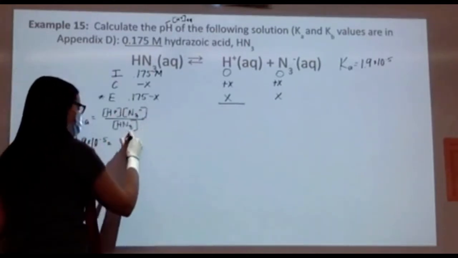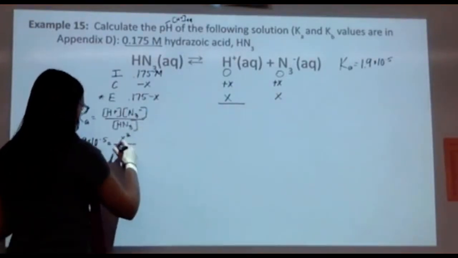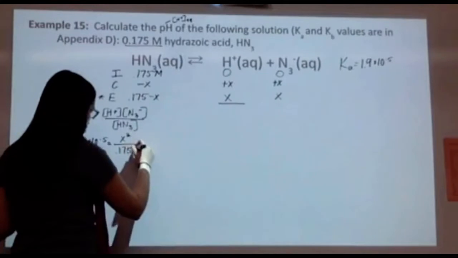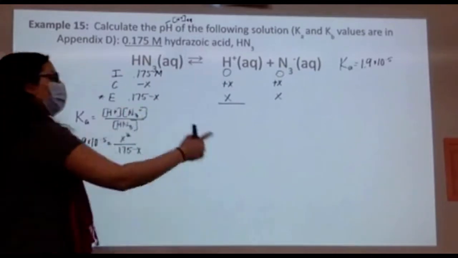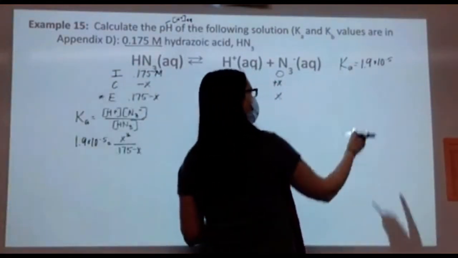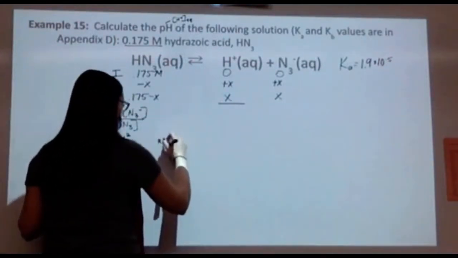H plus is X, N3 minus is X, over 0.175 minus X. Again, you look at this and you're like, oh, quadratic. But because K is less than 1 times 10 to the negative fourth, we can assume X is small.